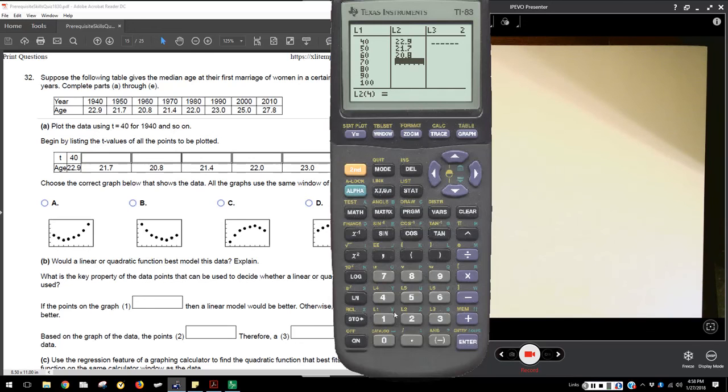In 1970, it was 21.4. In 1980, it was 22. In 1990, it was 23. In 2000 it was 25. And in 2010 it was back up to 27.8.